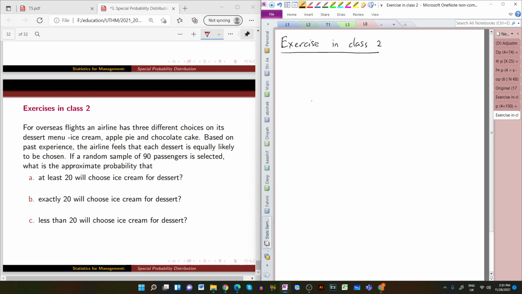Based on past experience, the airline feels that each dessert is equally likely to be chosen. Equally likely means they have equal probability. Yeah?